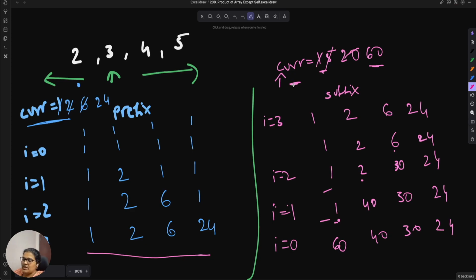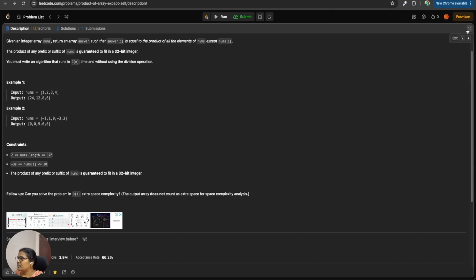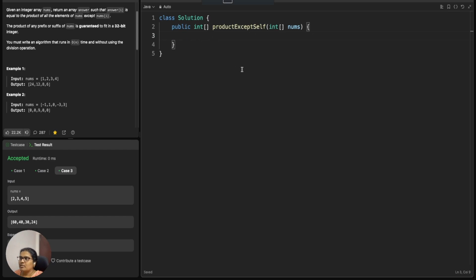Okay, let's write code for this. If you understand the logic, this is actually pretty simple. You are just calculating the prefix and suffix. So initially, let's just get the size of the array here.